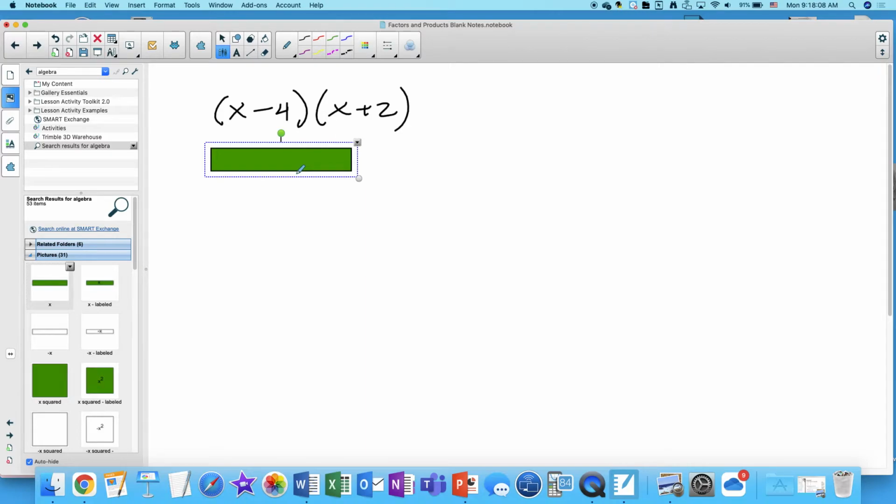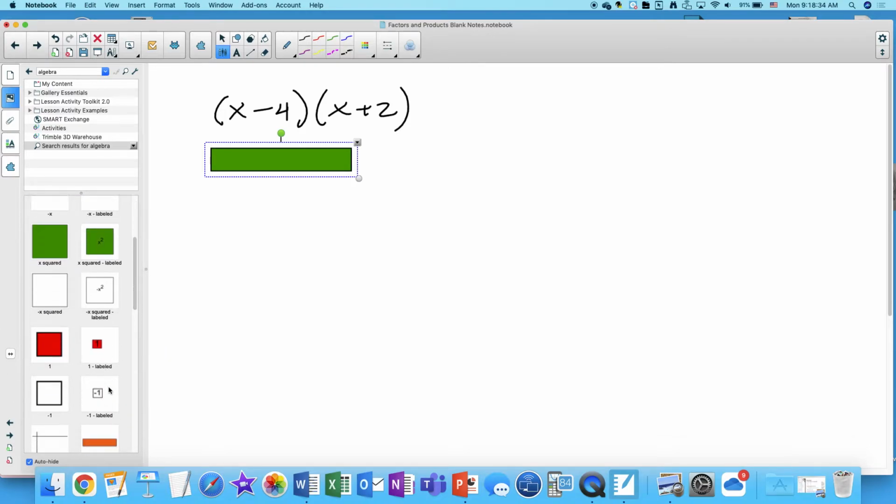Okay. And then minus 4, I need some of the ones. So the ones are the little guys that look like this. Okay, and if they're colored, if they're red, then they are positive, and if they're white, they're negative. So in this case, I want the negative ones, right? I want these guys, and I need 4 of them.